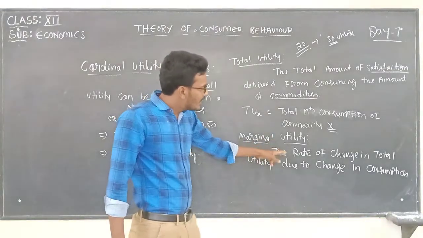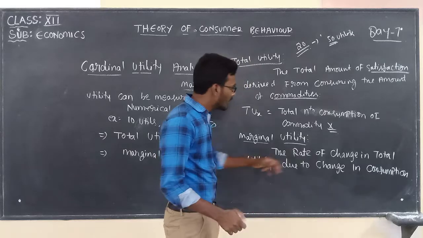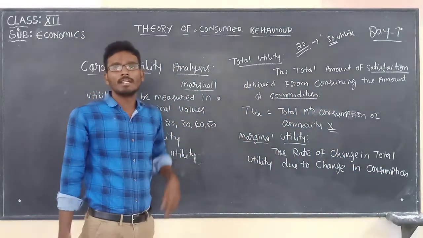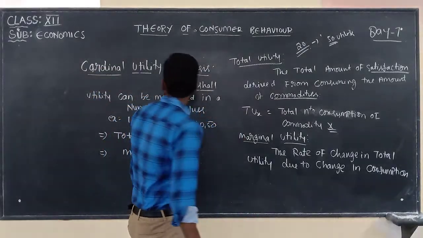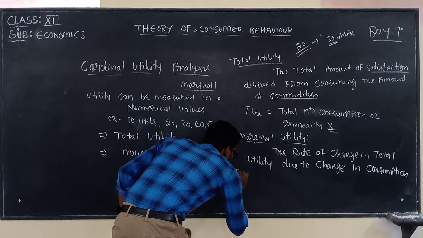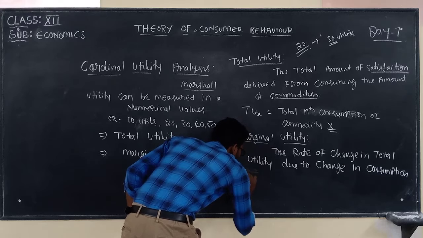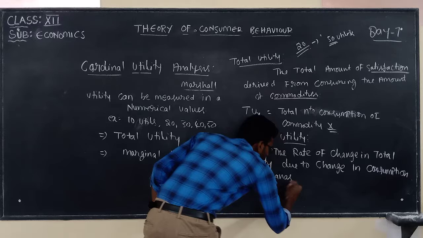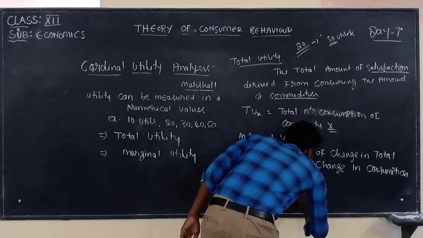The rate of change in total utility. So there is a change in total utility due to the change in consumption, that is known as marginal utility. So shall we take one example? With 4 bananas, total utility is 28.